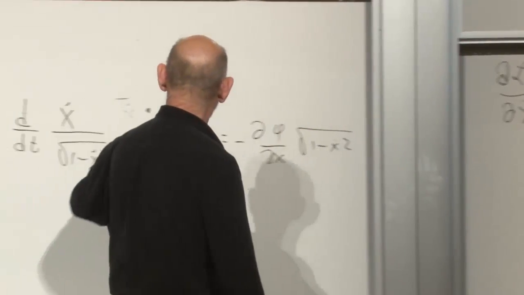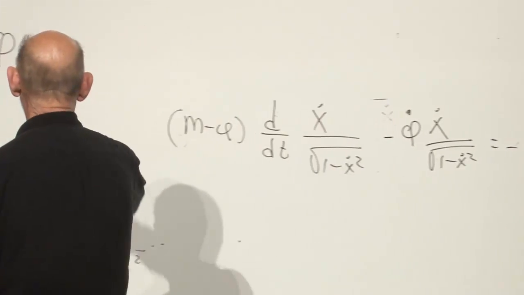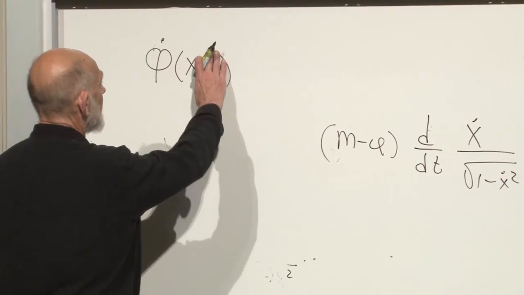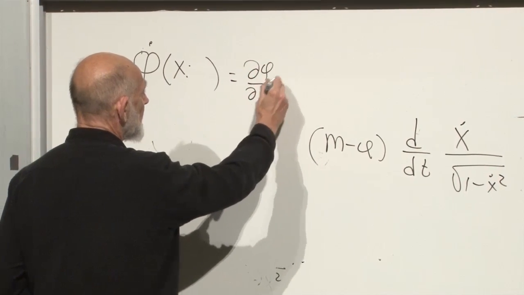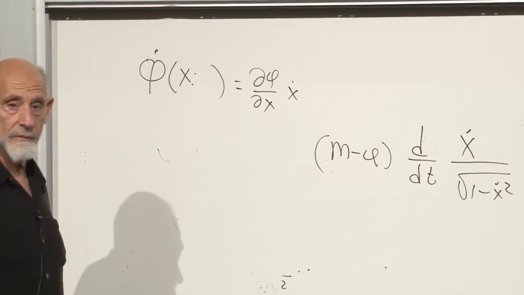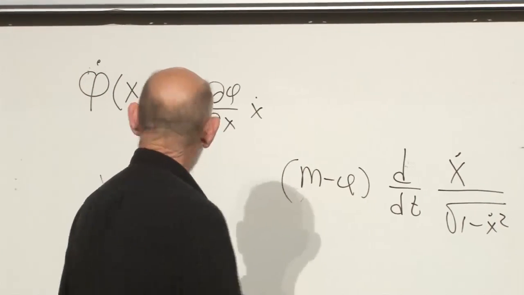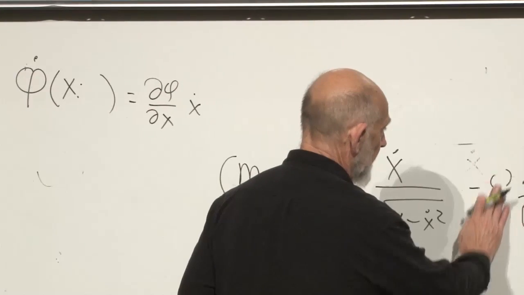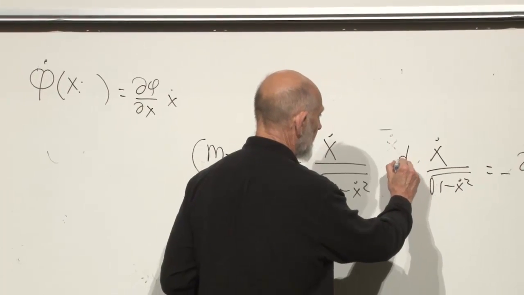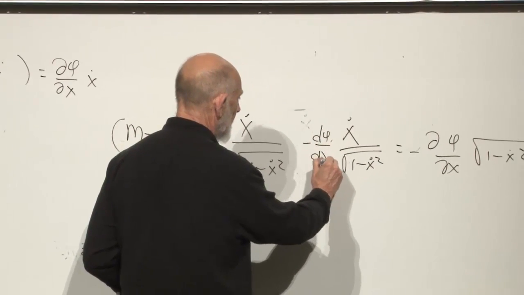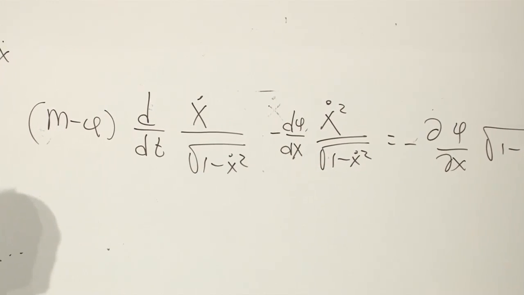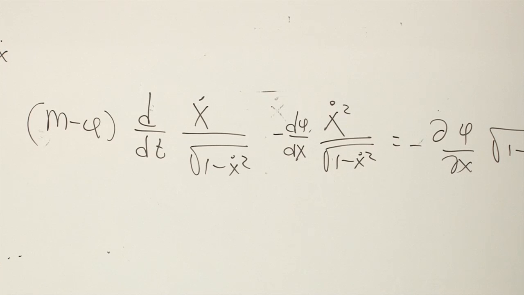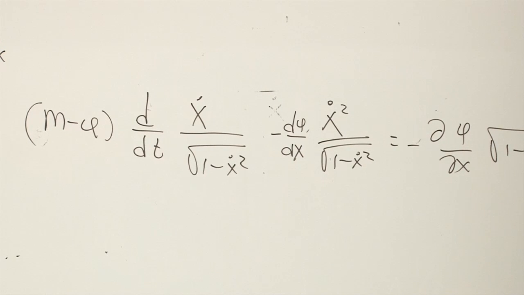So phi dot is equal to the derivative of phi with respect to x times x dot. So this is then going to be d phi by dx, and there'll be an x dot squared here. I'm not going to try to make it any simpler than this. It's a bit of a monstrosity.